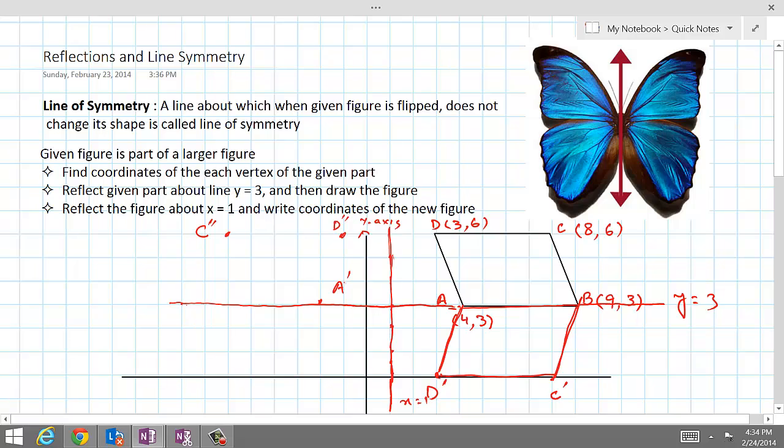And B is how far? That is 8 units toward right. Now this B dash will be 8 units toward left. So 1, 2, 3, 4, 5, 6, 7, 8. So this is going to be B dash.